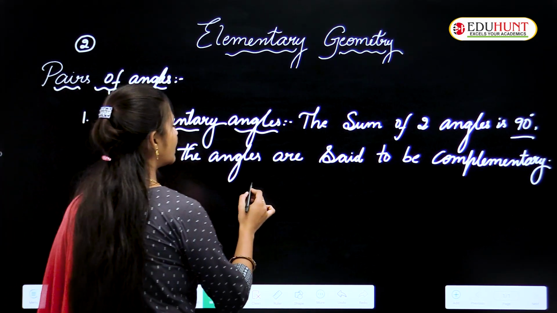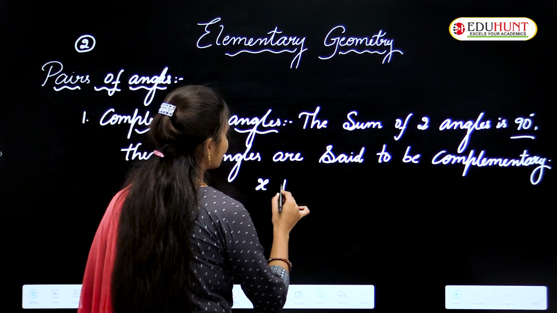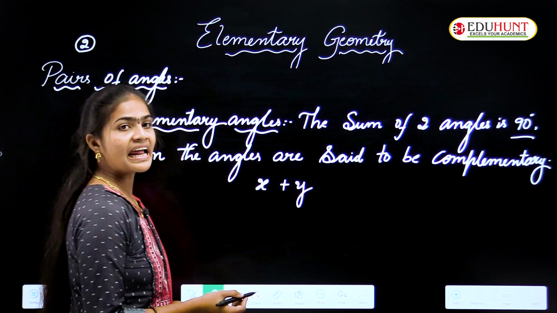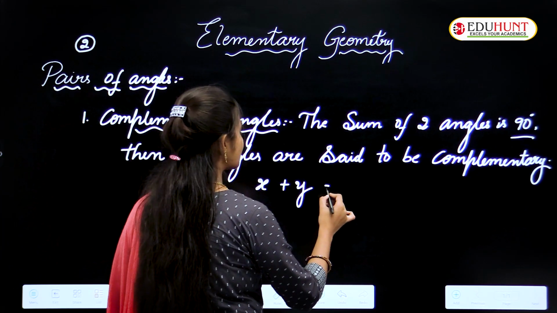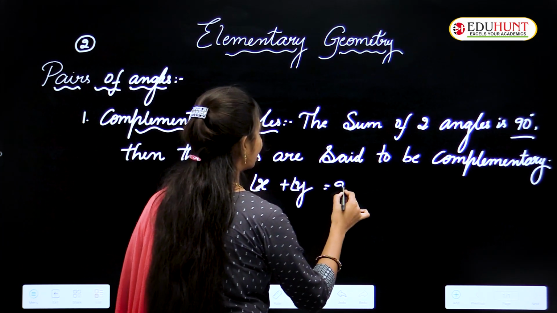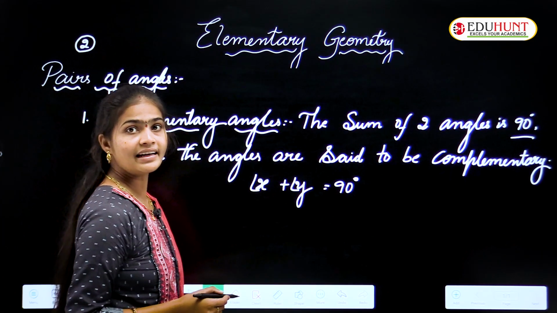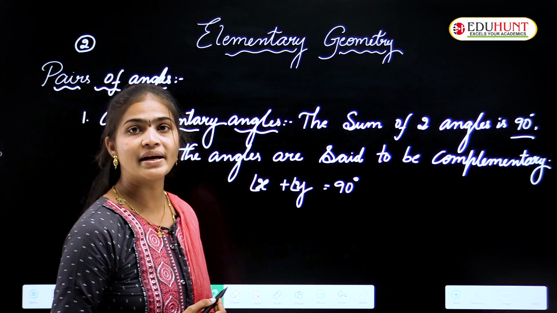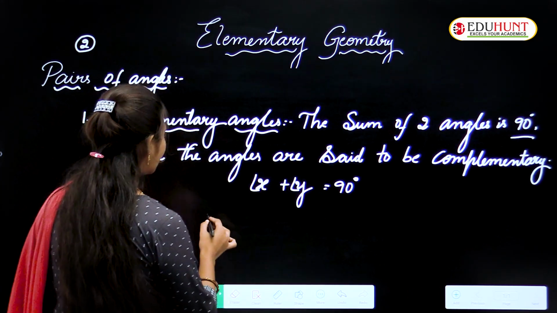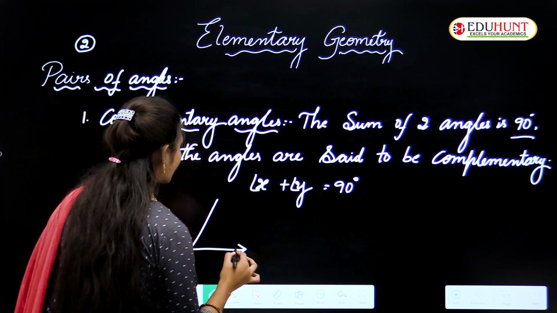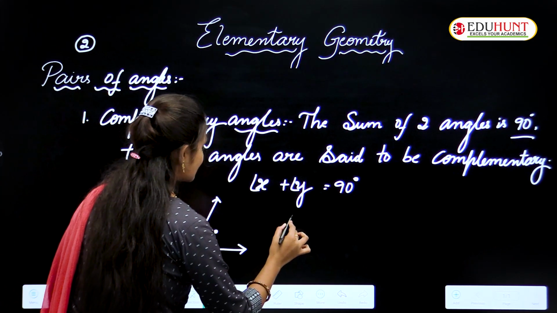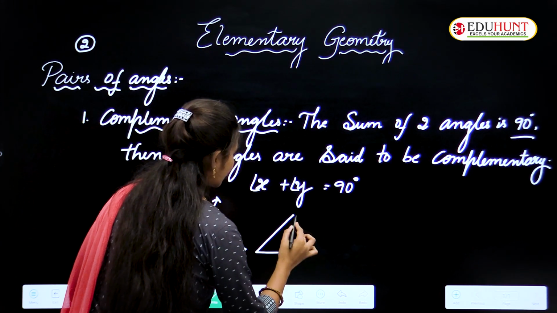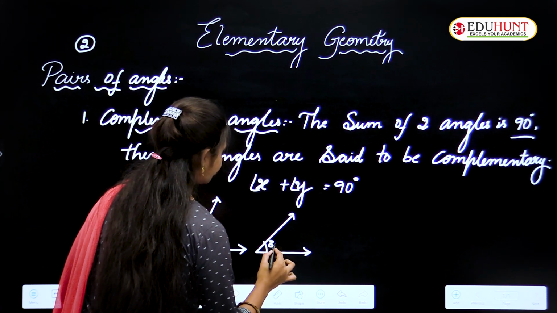Let us take 2 angles, x and y. So x is one of the angles, y is another angle. The sum of these 2 angles is equal to 90 degrees. Then we will call x and y complementary angles. For example, this is a 60 degrees angle and this is a 30 degrees angle.